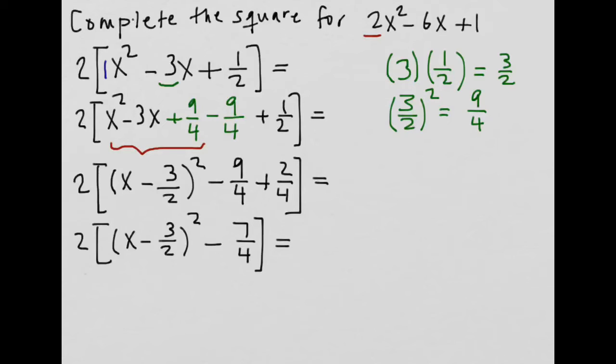Let's distribute the 2 to get 2 times (x minus 3 over 2) squared minus 2 times 7 over 4, which is 7 over 2. And that is completing the square.